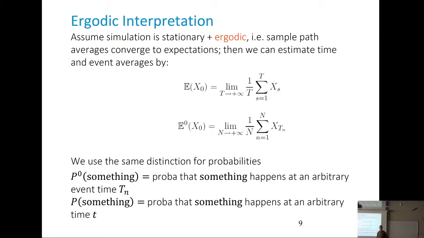Right? An example of a system that's ergodic is a queuing system, a single queue. If you simulate a single queue that is stable, rho less than 1, then sooner or later the queue will empty. If rho is equal to 0.999, it may take you an astronomically long time to observe that, but it will happen sooner or later. So in the intellectual world of models, it will happen with probability 1. Then once it has happened, you have a reset point where it's like your initial condition was empty.